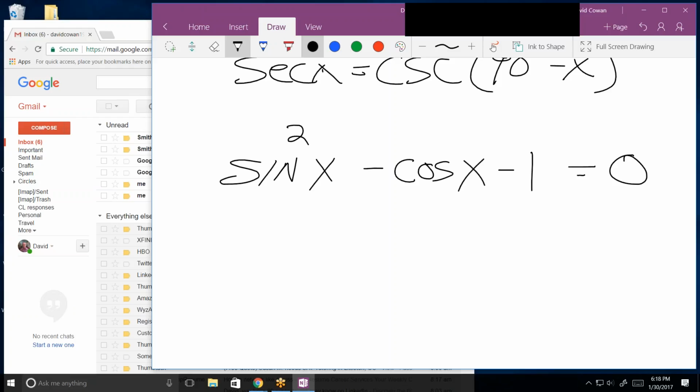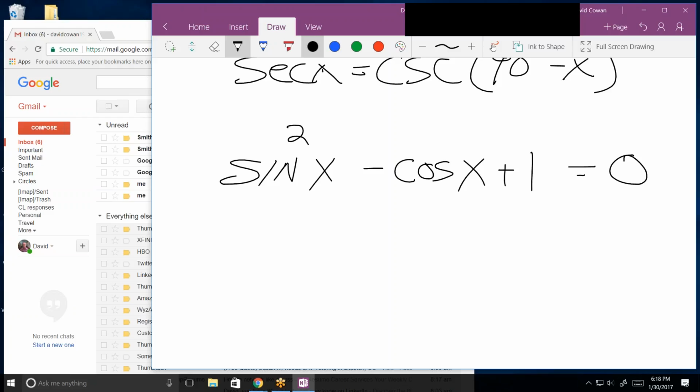Now this is a trig equation, and solving trig equations is extremely hard if the trig functions are different from one another. One's got a sine and a cosine. So this is really hard to solve in this format.